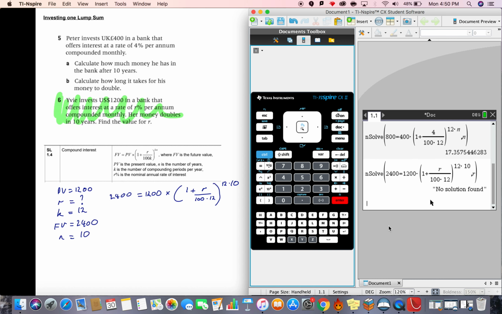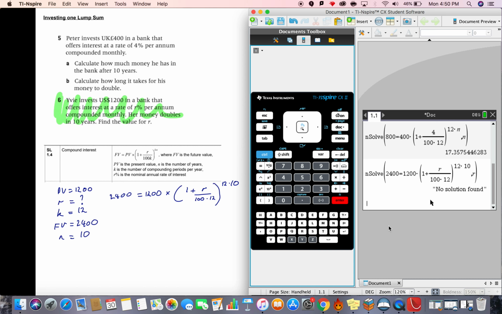So this is one of the breakdowns for nsolve: it finds it very difficult to solve this equation for R. One way around it is to solve it using a bit of regular algebra. But another way around is to think about a graph and use a table of values.